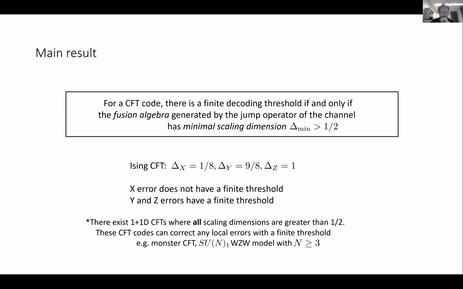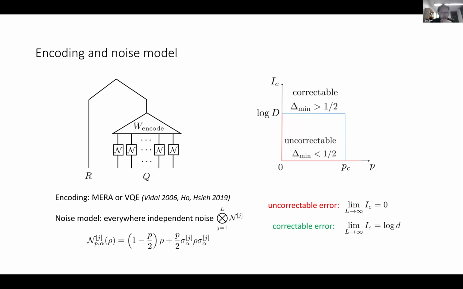Yes. Sorry for skipping it. So threshold just means that now everywhere you have probability P to have an error, and now I want to ask whether this error can be decodable or not. Of course that depends on P, right? If P is very small, then probably you can correct the error because the error rate is small.